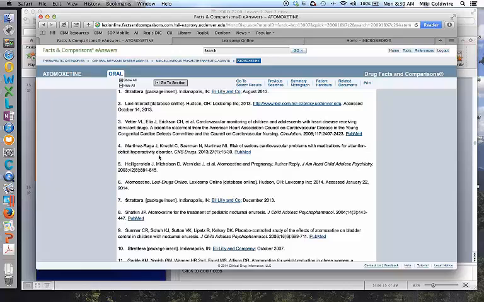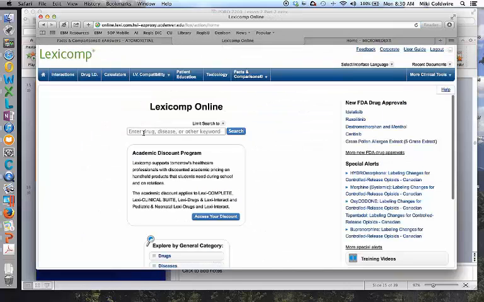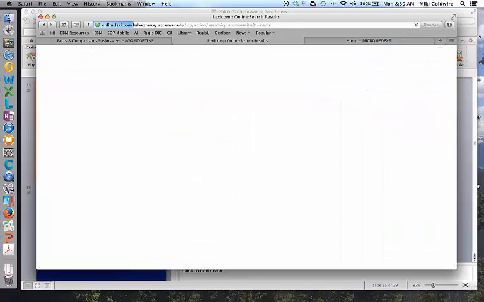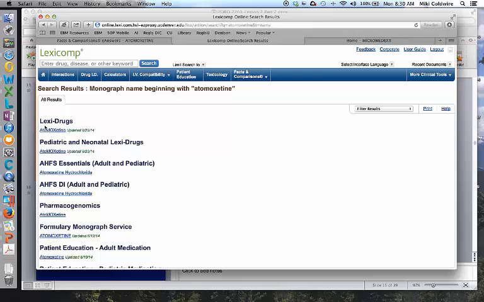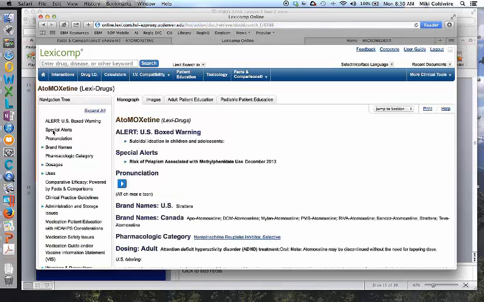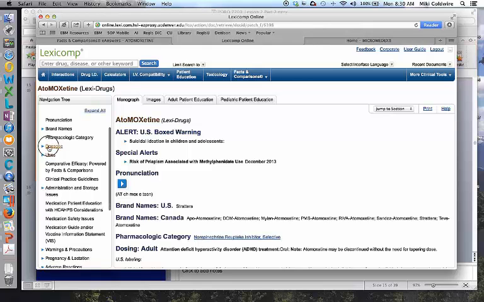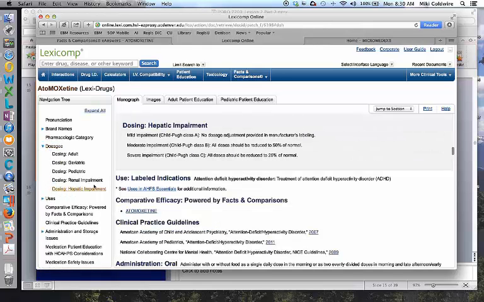Now, if I was unsure of what it means by 25% of normal, I can look in LexiComp. Atomoxetine. So again, in LexiComp, I go under dosage, and I'm looking at hepatic. All doses should be reduced to 25% of normal.